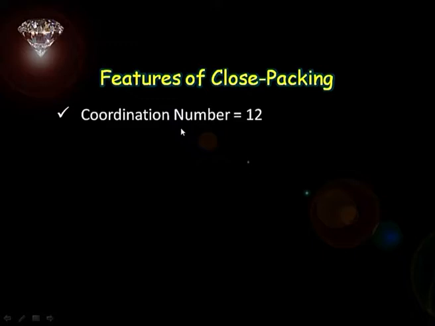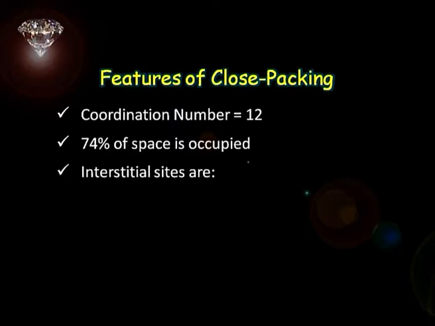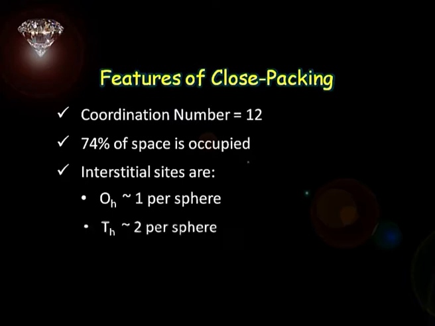So, what we see from this little analysis is that in cubic close packing, each lattice point or atom has a coordination number of 12, which we have seen earlier, and 74% of the space is occupied, which we also saw earlier. The interstitial sites or voids are: octahedral voids, 1 per sphere, and tetrahedral voids, 2 per sphere. Now, how do these numbers come about? We have just seen that there are 4 octahedral voids per unit cell and 8 tetrahedral voids per unit cell.